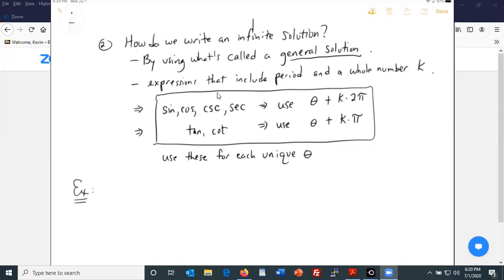Suppose that the general solution to a trig equation is pi over 5 plus 2 pi k, or k times 2 pi rather.